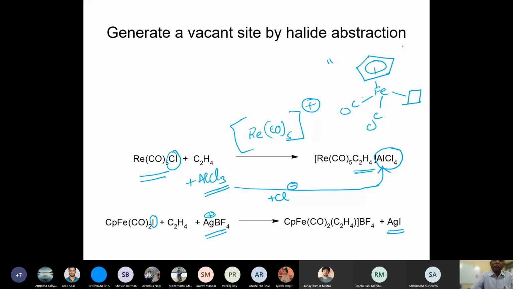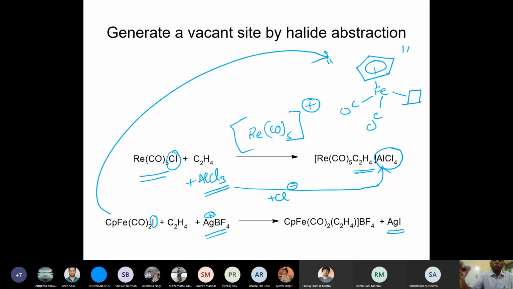So this would be the vacant coordination site that is generated from here, and by adding silver, AgI precipitates out, and then this cationic species is generated. Cationic species is now interacting with ethylene, and it forms an ethylene complex.